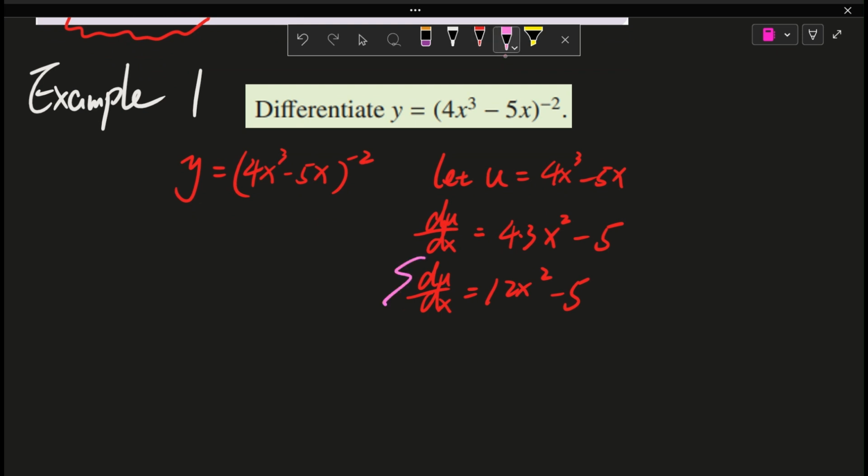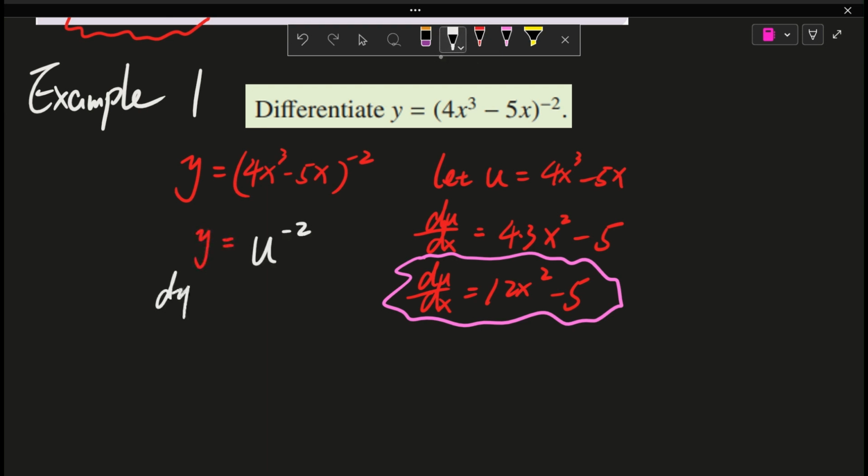Circle that one, just in case you forget it. Next, because u equals 4x cubed minus 5x, we can say y equals u to the power of -2. So now dy/du equals -2u to the power of -3.